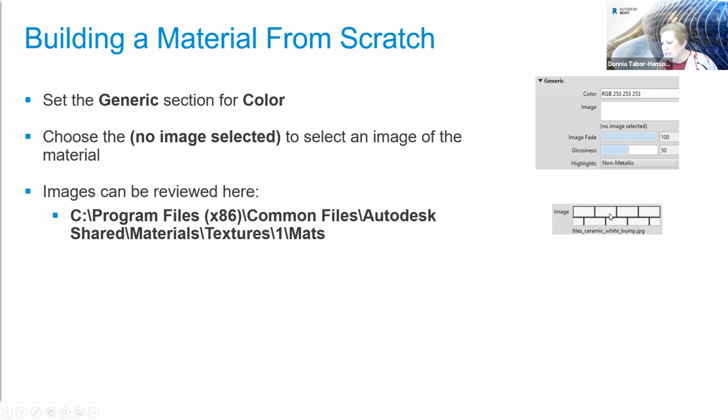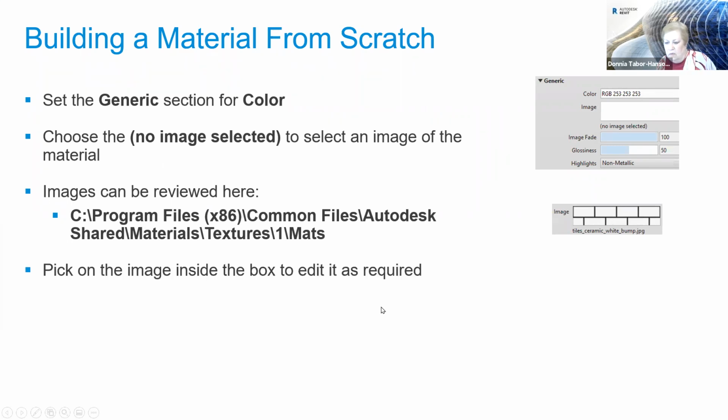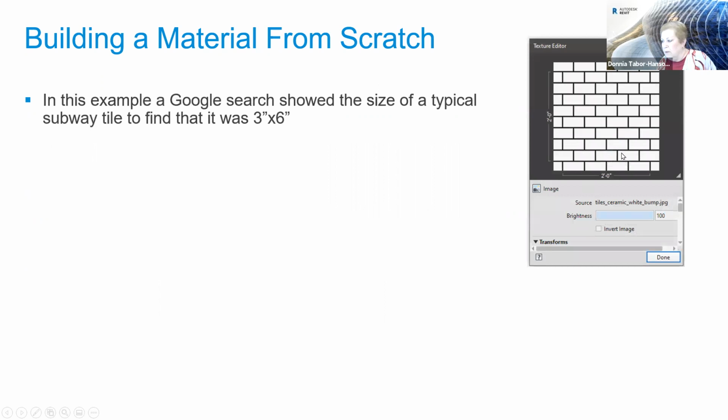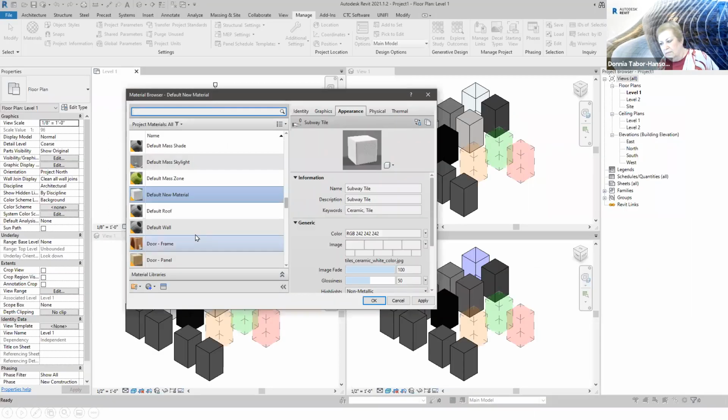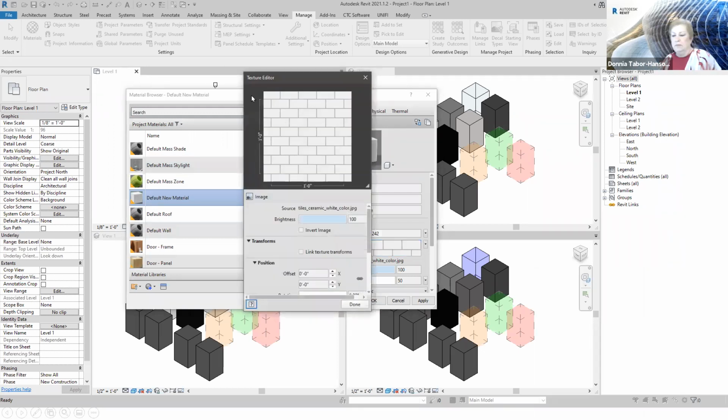Now, if I want to make sure that this is the right size tile, then I will want to go in and you can pick on the tile in the image, and it will bring you up to a dialog box where you can see about setting the size of this. Now, in this example, Google search showed me that a typical subway tile was 3 inches by 6 inches. So with that information, let's go back, and I picked on this image just in the middle of the image, and it brings up the texture editor.